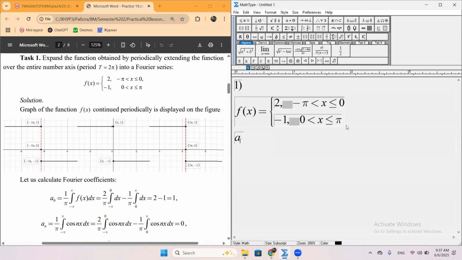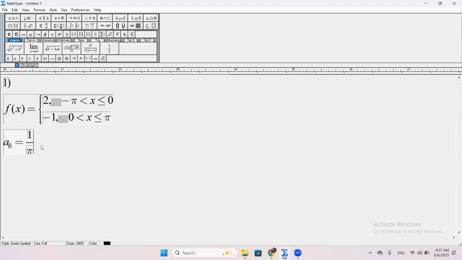So for a0, let's calculate the integral. So 1 over p, from minus p to p. Now I will write in generic form, and now I will split it into a sum of integrals.